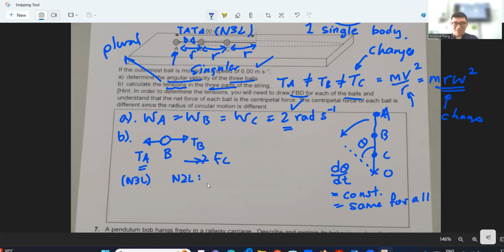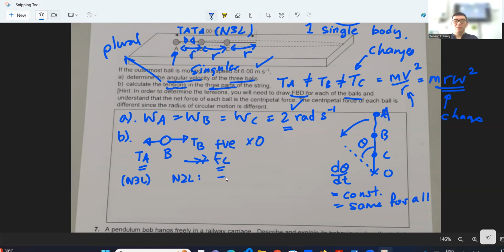And what is that going to be? How will it look like? So take note, if you specify FC to be here, towards the center of rotation, your FC is thus the positive direction.